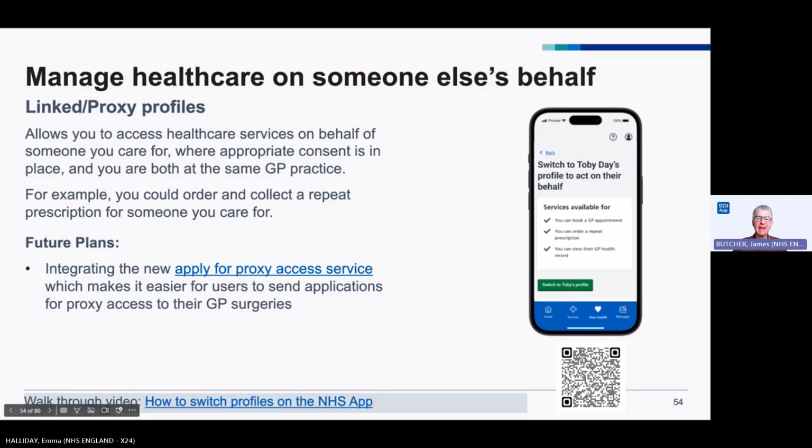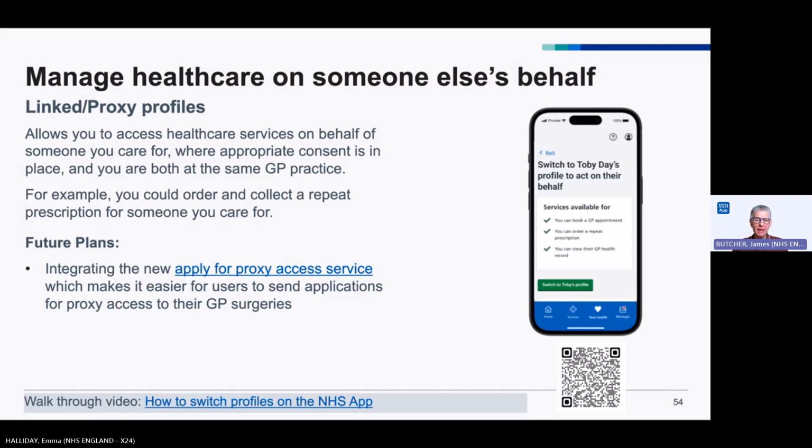The next bit of functionality is work in progress, and that is linked proxy profiles. There have been some questions in the chat about it that I think I've had a go at answering, but I'm not sure that my answers have been published at the present time. So I'll have another look when I've finished speaking.